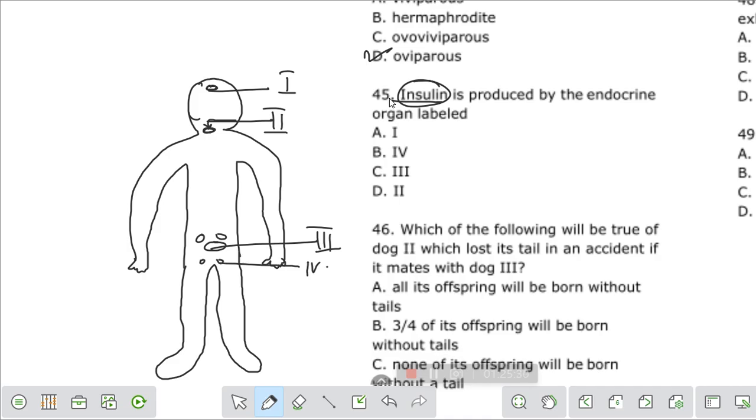Let me try to get the diagram. So I'm trying to get the diagram.